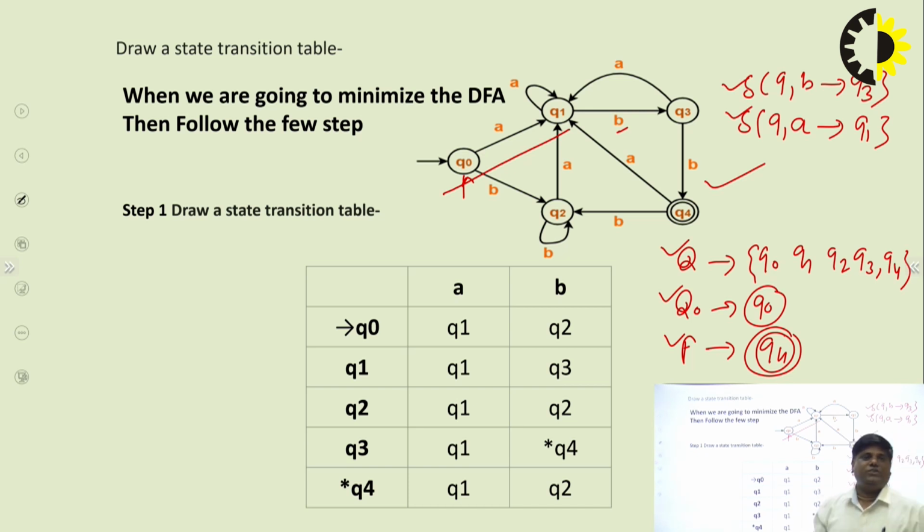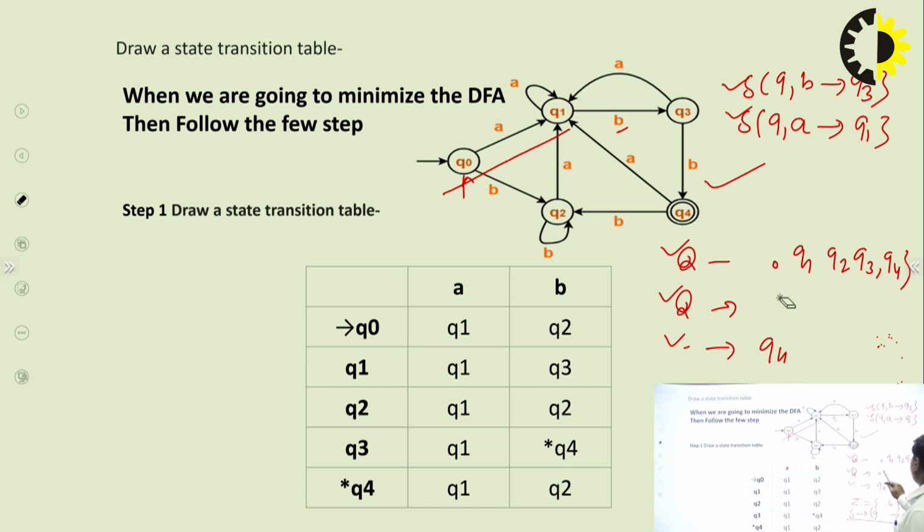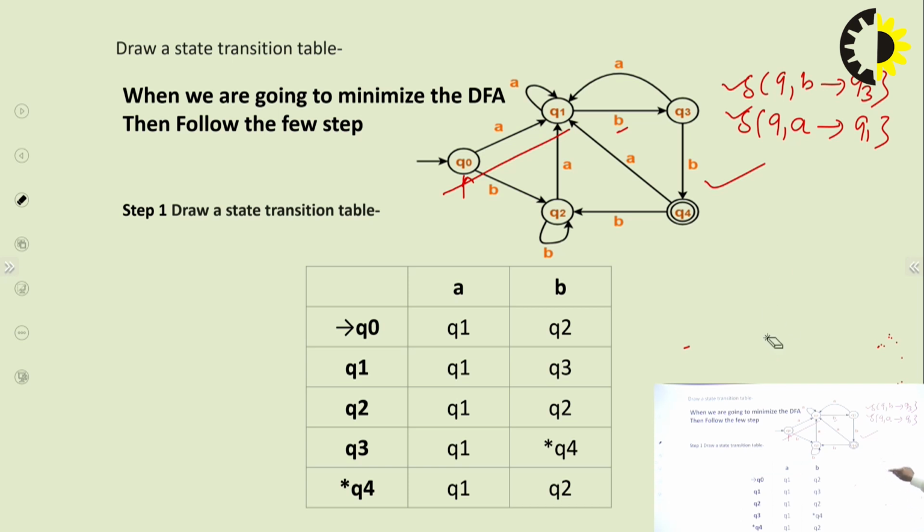Now, this is the definition of the deterministic finite automata, and here I explained the 5 tuples. Now we move to another main important topic, that is the minimization of the DFA. When we minimize any DFA, we follow a few important concepts.